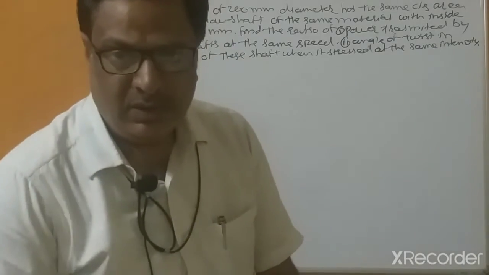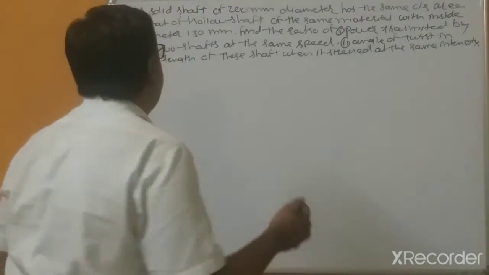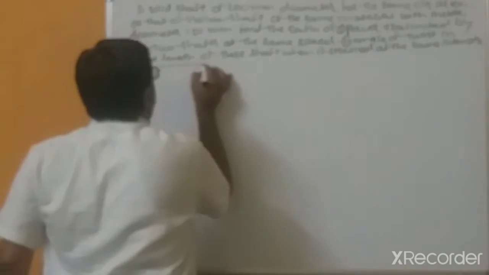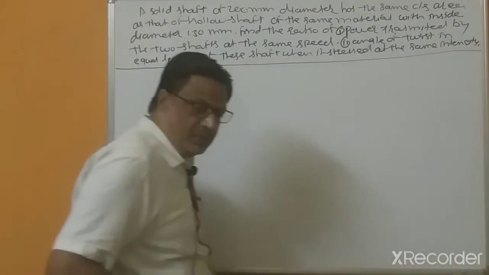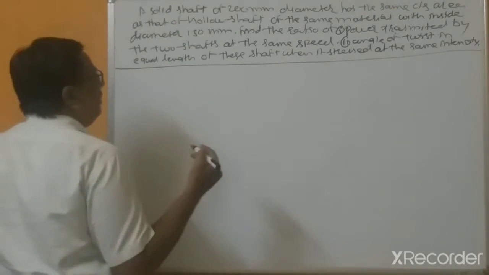Right. So here the ratio of the power to be transmitted and the ratio of the angle of twist of the hollow shaft and the angle of twist of the solid shaft are to be calculated.